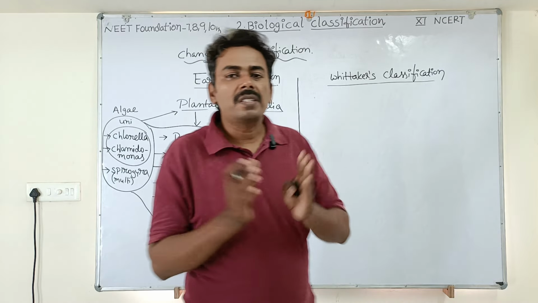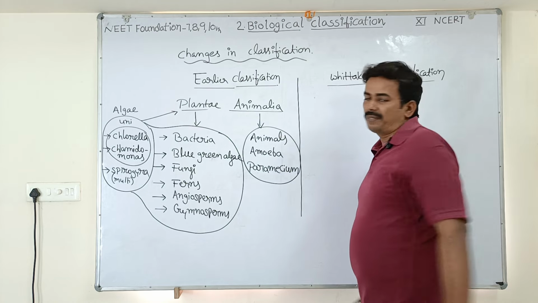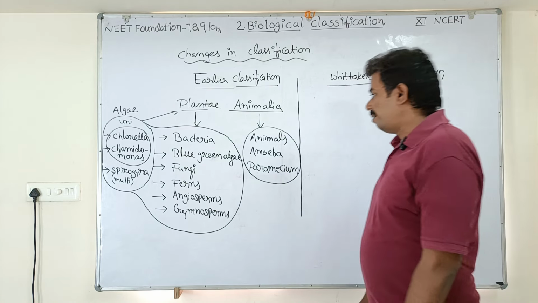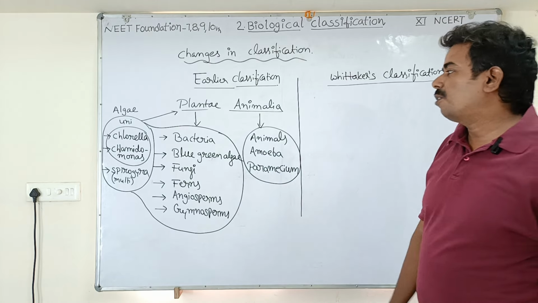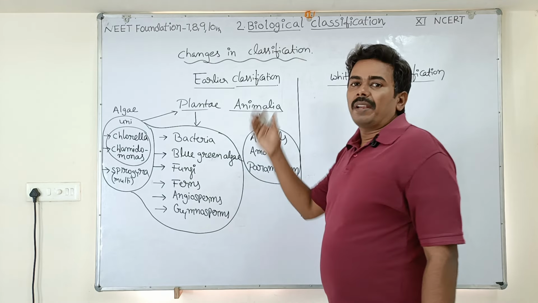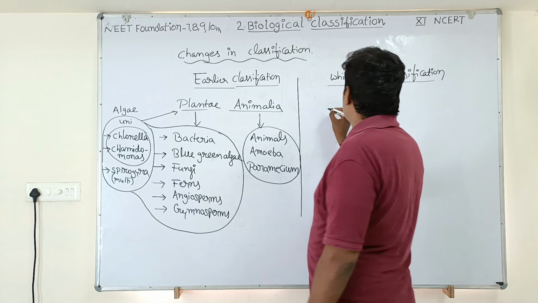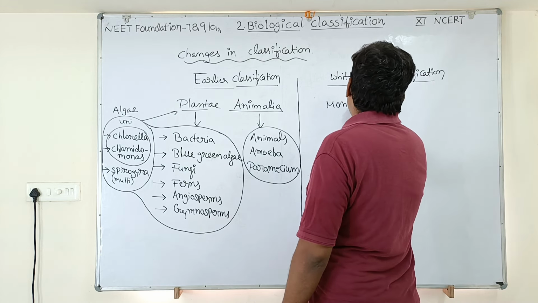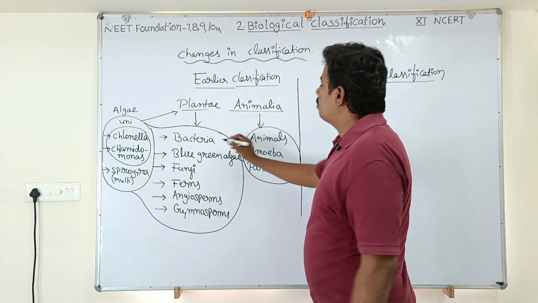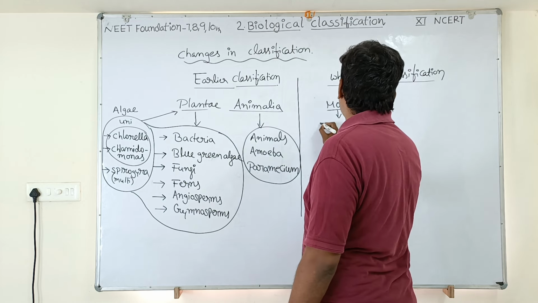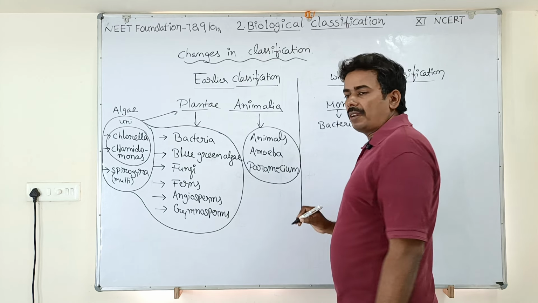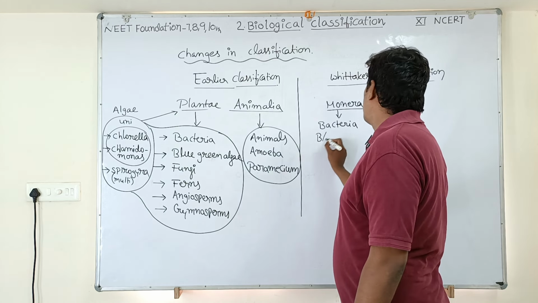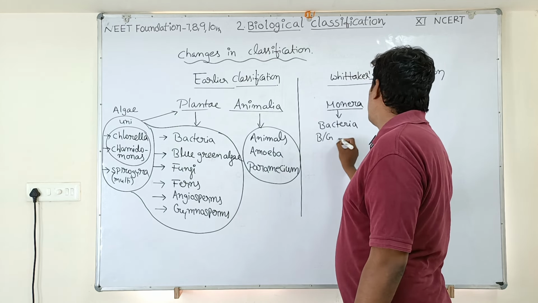Now let's see what changed in Whittaker's classification. In Whittaker's classification, the bacteria and the blue-green algae had to be relocated to a new kingdom, that is kingdom Monera. So a new kingdom has been created for these two. Bacteria were moved under kingdom Monera, and blue-green algae, that is a photosynthetic algae, are also a kind of bacteria.